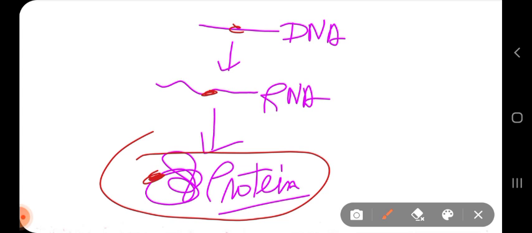So an individual having a dominant lethal allele will die before leaving progeny.